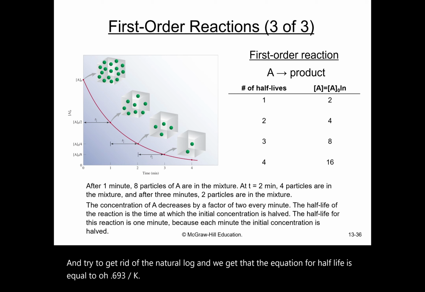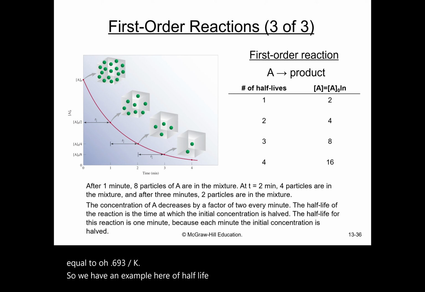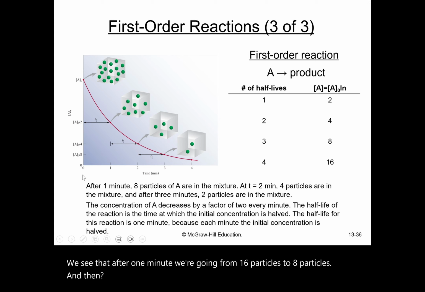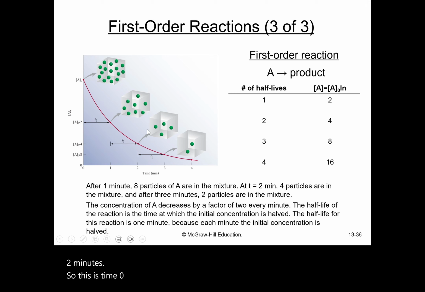So we have an example here of half-life. For A, we see that at time 0 we have 16 particles. At 1 minute we have 8, at 2 minutes we have 4, and at 3 minutes we have 2.